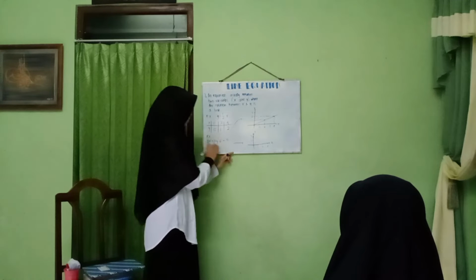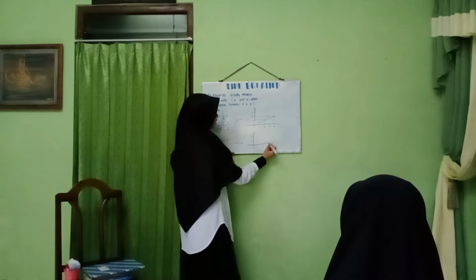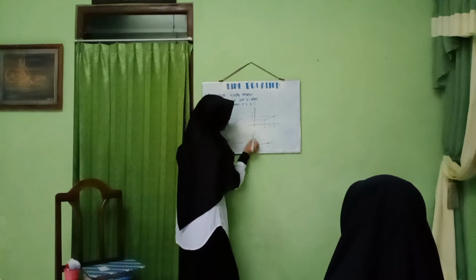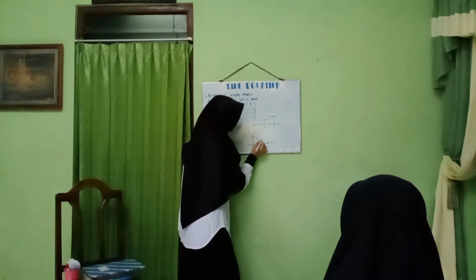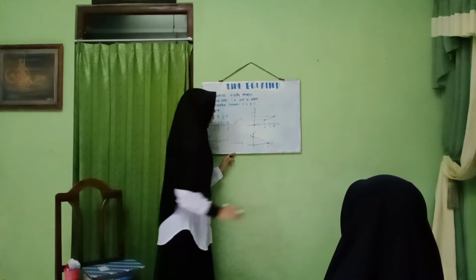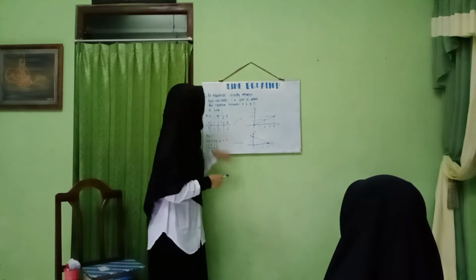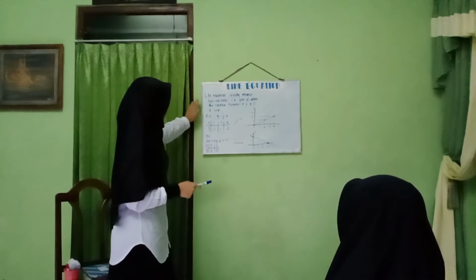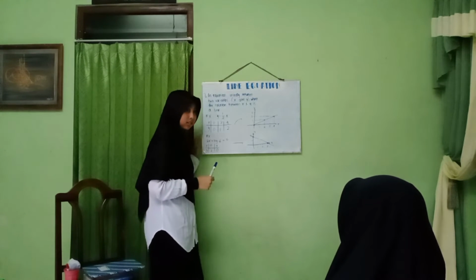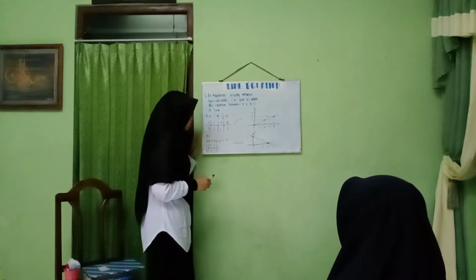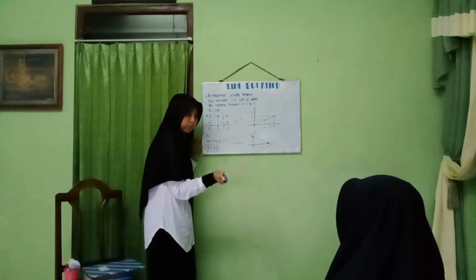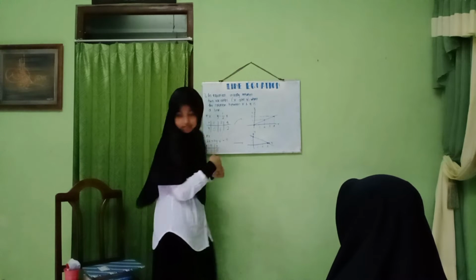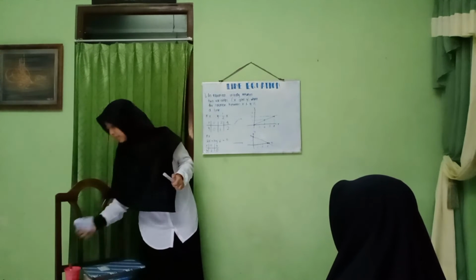And we have 3, 0. 3, 0 is here. So we have this line. This is the first thing that we're going to talk about. Is it clear? Yes, ma'am, it's clear. Do you want to write this in your notebook? No. Okay, I'll erase it.